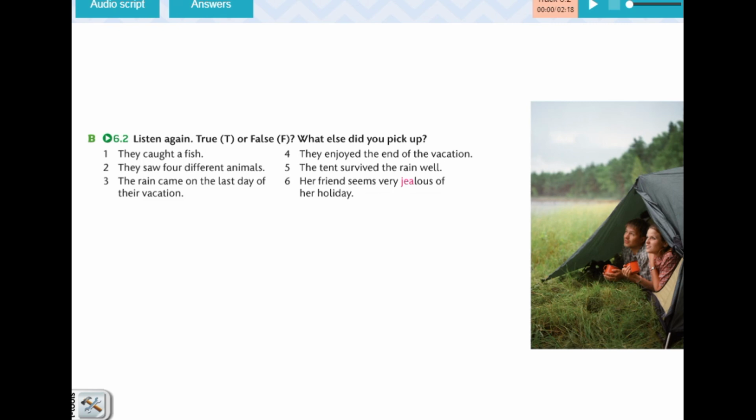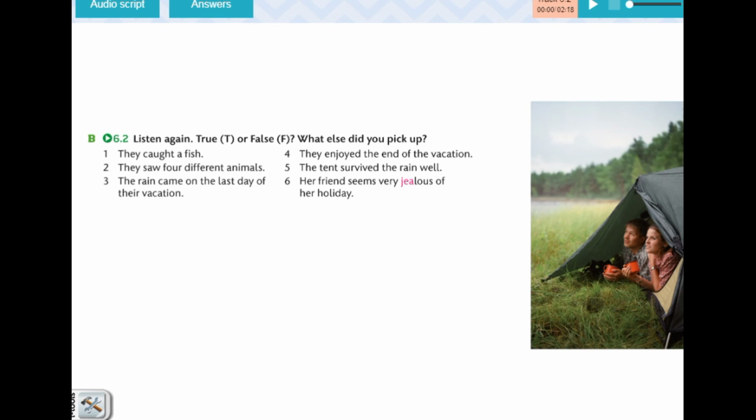Now let's do this exercise telling me if they are true or false sentences. So, number one, they caught a fish. True or false? Number two, they saw four different animals. Do you remember the animals they saw? Number three, the rain came on the last day of their vacation.